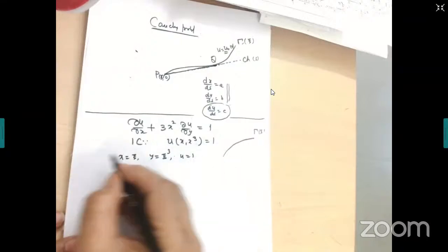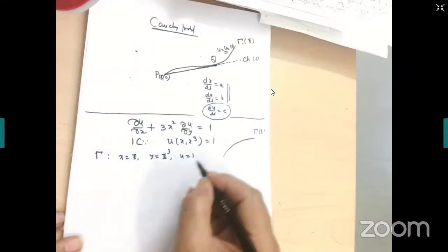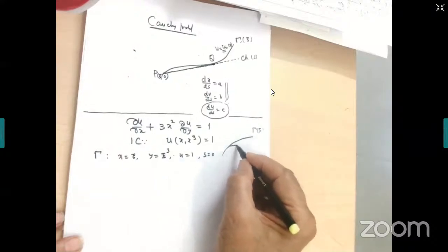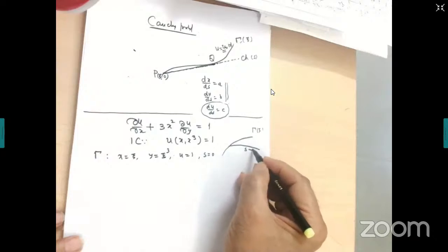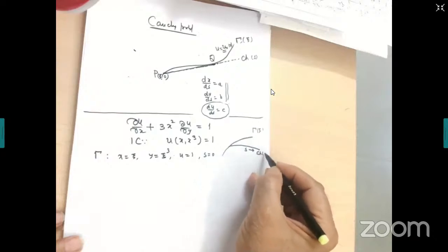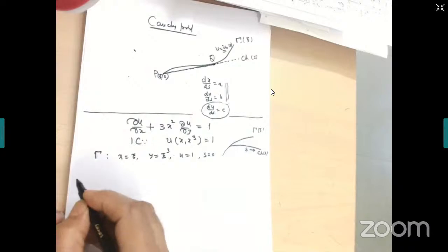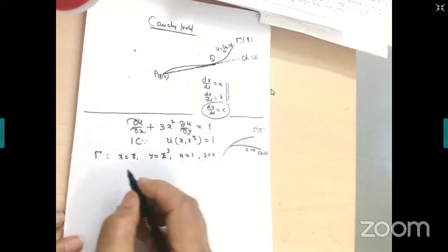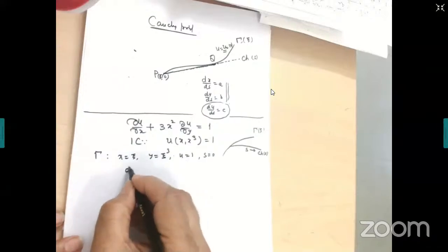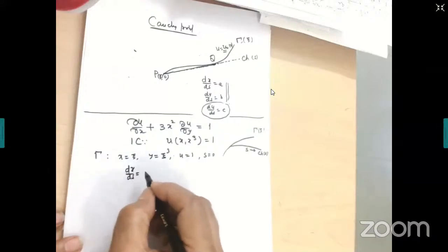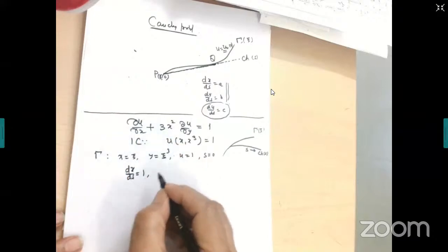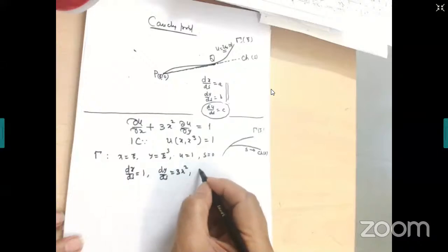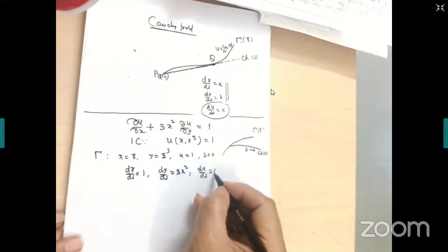This is the parametric representation of this curve gamma, and I take it at s is equal to 0. s is the parameter along this characteristic curve. What is the characteristic curve? It satisfies the equations dx/ds is equal to a, which is 1, dy/ds is equal to 3x squared, and du/ds is equal to 1. Is it all right?